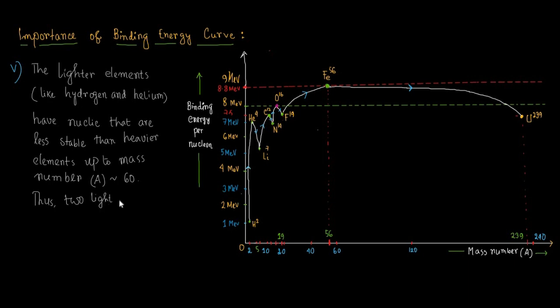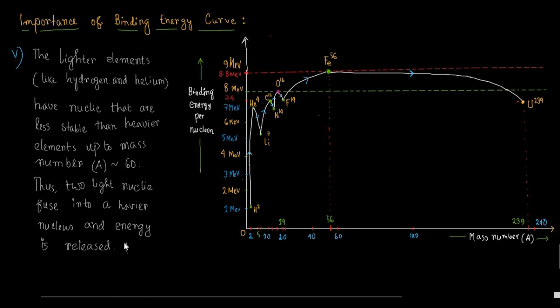Thus, two or more nuclei fuse into a heavy nucleus, because lighter nuclei are unstable and heavier nuclei are more stable.